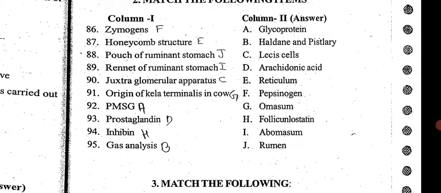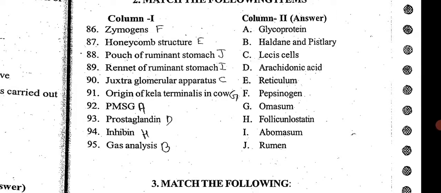Honeycomb-like structure is in reticulum. Reticulum has a honeycomb-like structure. Zymogens secrete pepsinogen, and the pouch of ruminant stomach is rumen. Rumen is the pouch of ruminant stomach, and the reticulum is the honeycomb structure.